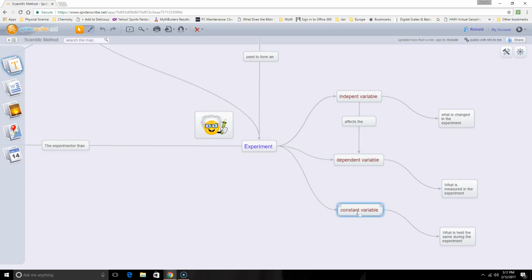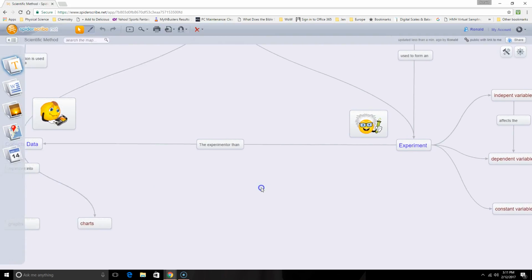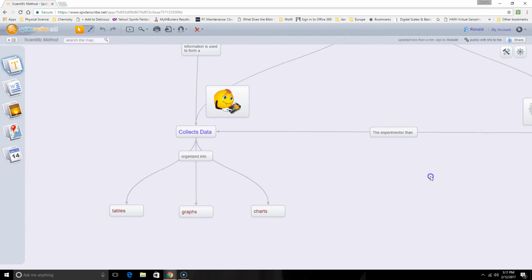We have these constants so that we are only really focusing in on one thing, which is the dependent variable. How is that changing? So if everything else is staying the same, it's much easier to see how that dependent variable is changing. From there, the experimenter takes this information and collects this data.